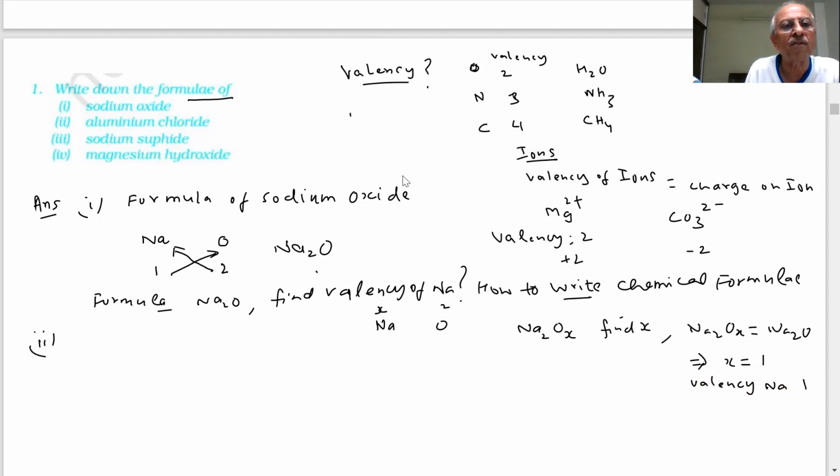Write the formula of aluminium chloride. You have 1 minute to answer the question. How to write the formula of aluminium chloride? What is the answer?